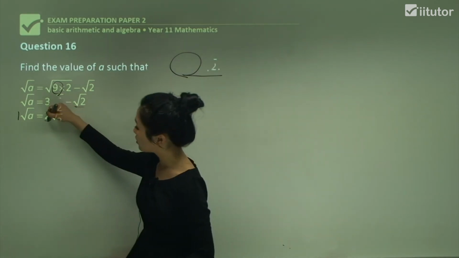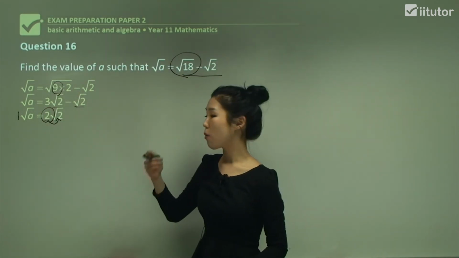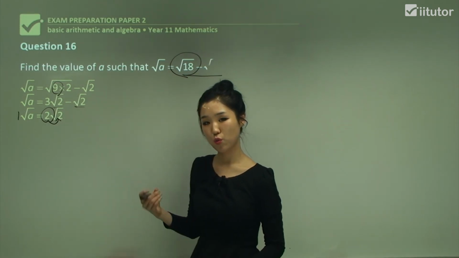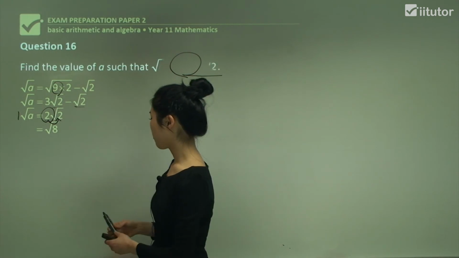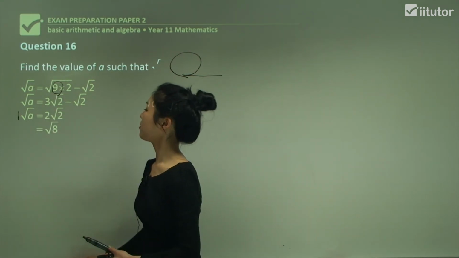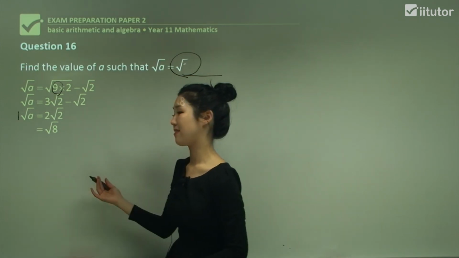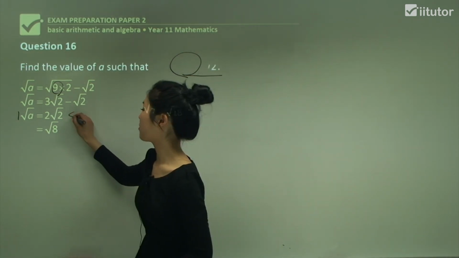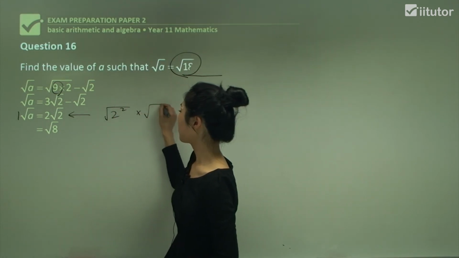So how do we put 2 back inside the root? Well, we'll have to square it, so make sure you square the 2 and put it back inside. So 2 squared is 4, times 2 is 8. So that's how we get that. So just remember this one. It's the same as 2 squared.